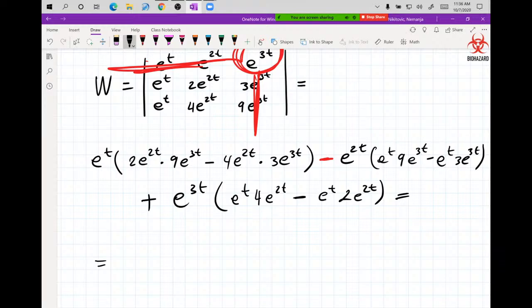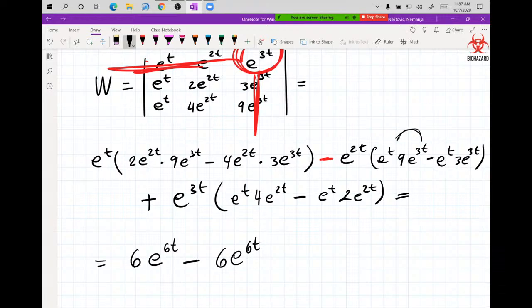So what I have here, 18 minus 12, that's a 6. So 6e to the 5t, and the one on the outside, 6t, with a minus. Then what do I have here? I have 9 minus 3, that's a 6e to the 6t again.